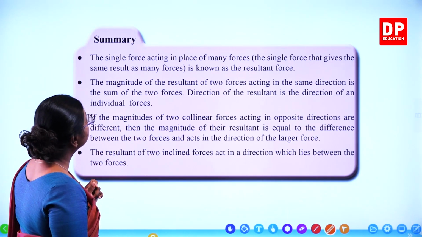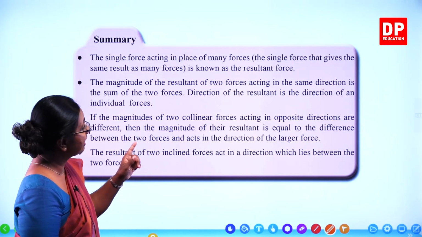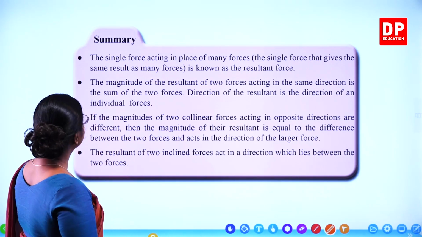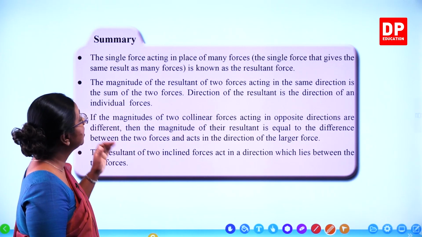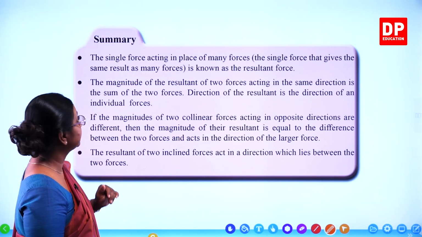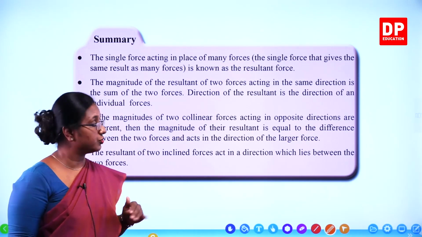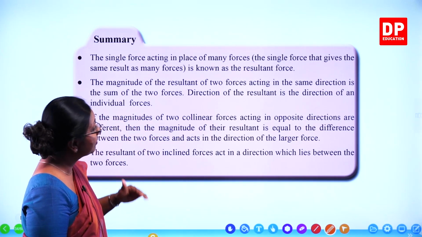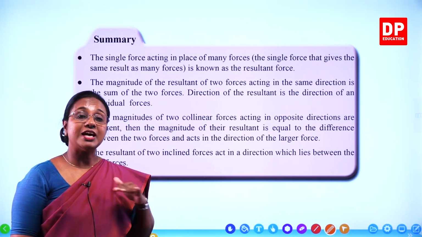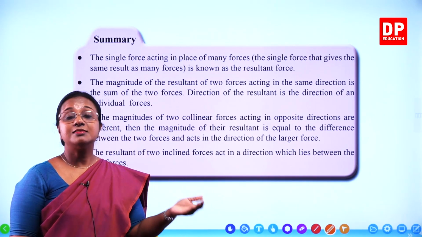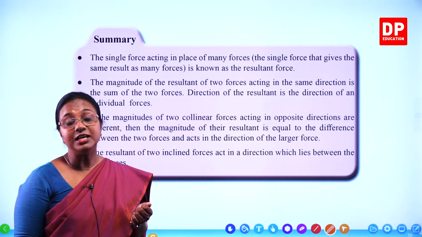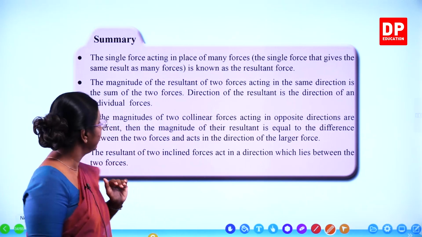The magnitude of the resultant of two forces acting in the same direction is the sum of the two forces. The direction of the resultant is the direction of the individual forces. So that was the first case. When there are collinear forces acting in the same direction, the resultant force is the sum of the individual forces in the same direction.